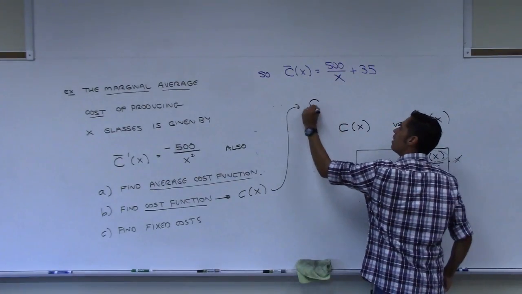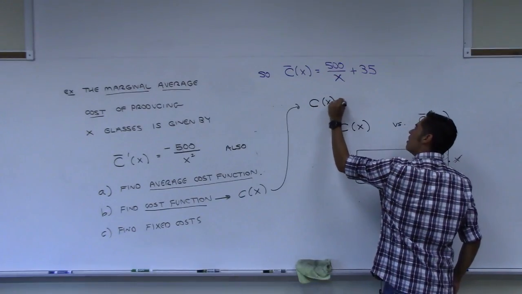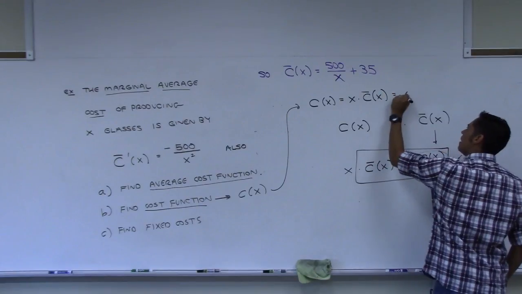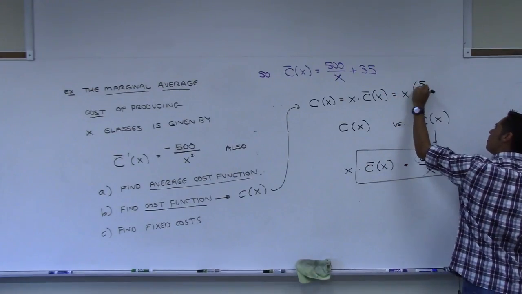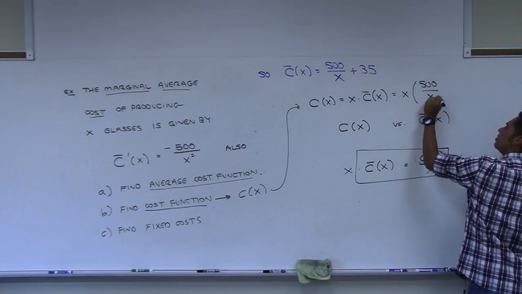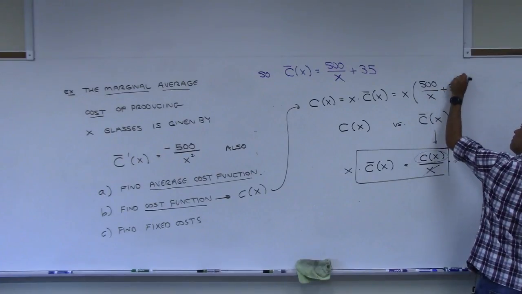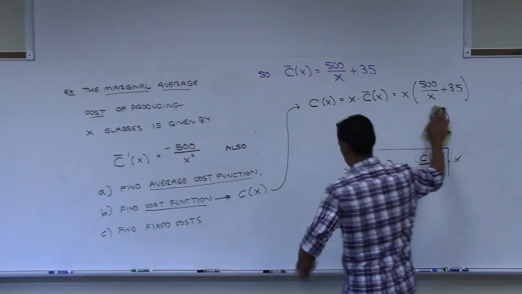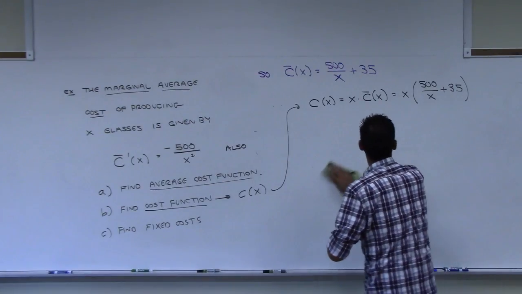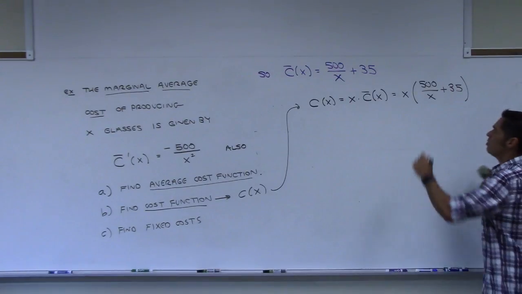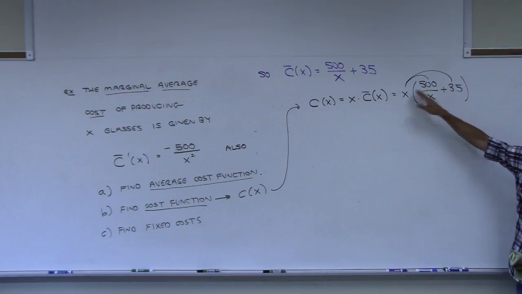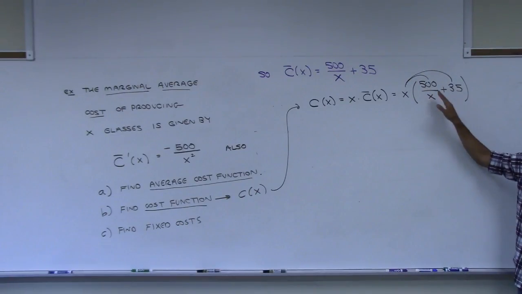Okay, so my cost function is going to be X times my average cost function, which is X times 500 over X plus 35. And what would happen if you distribute this X through to both of those? What happens in this first multiplication to the X's?